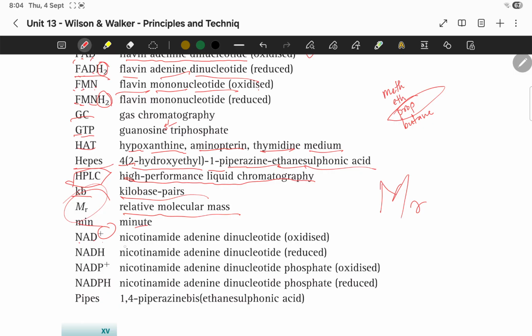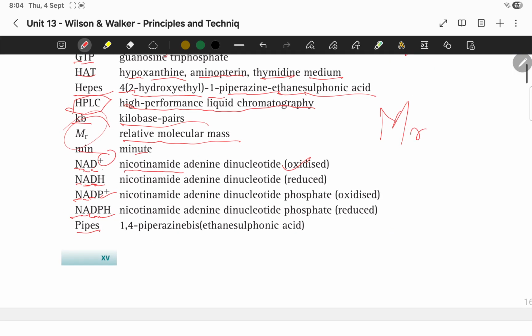NAD+, nicotinamide adenine dinucleotide oxidized. NADH, nicotinamide adenine dinucleotide reduced. NADP+, nicotinamide adenine dinucleotide phosphate oxidized. NADPH, reduced.